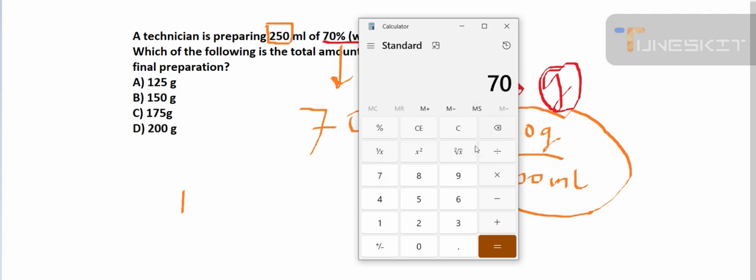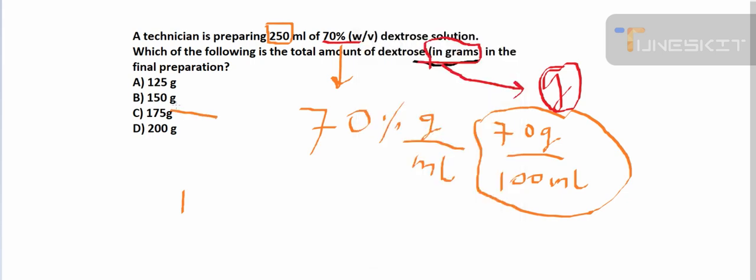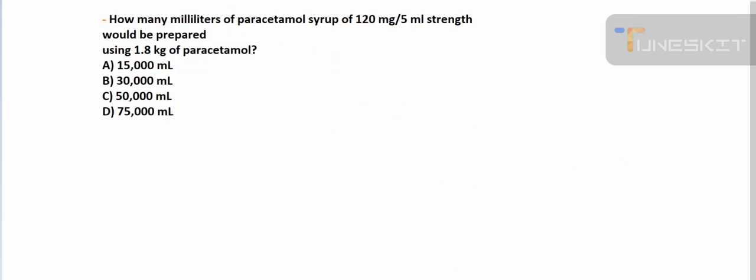For 100 ml 70 grams, for another 100 ml 70 grams, and for the remaining 50 ml we will halve the 70, 35. So the answer will be 175 gram. Very easy. If 100 ml contains 70 gram, then 250 ml will contain 175 gram.